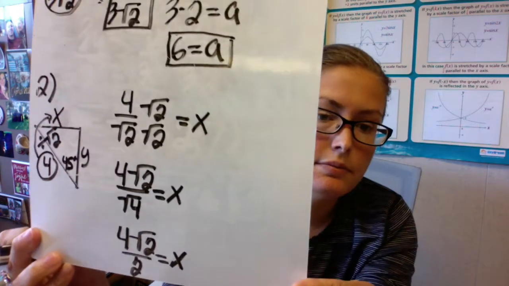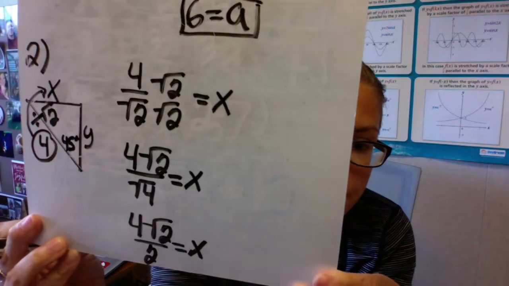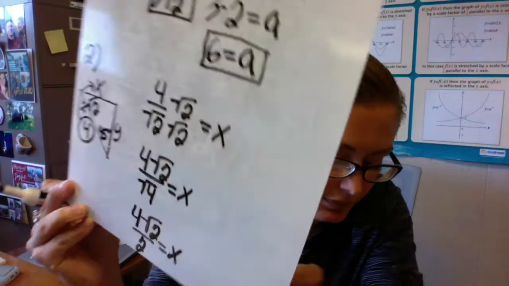Four radical 2 divided by 2 is equal to x. So 2 radical 2 is equal to x, which is also equal to y.